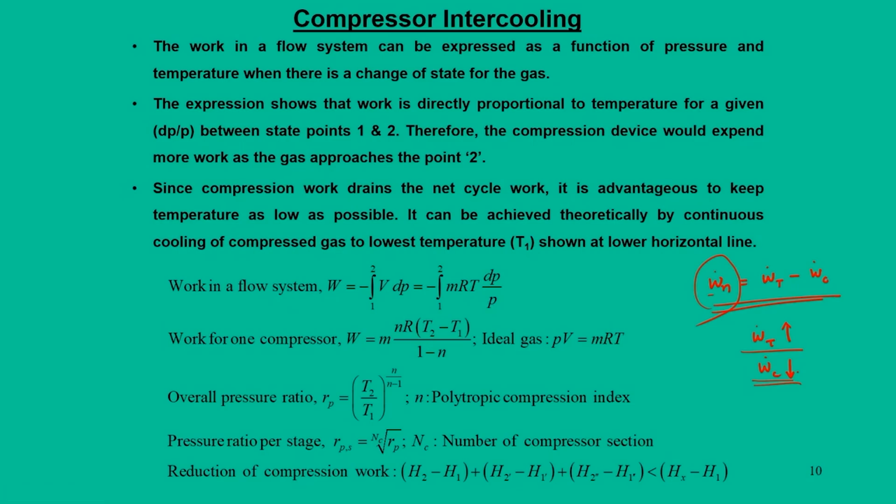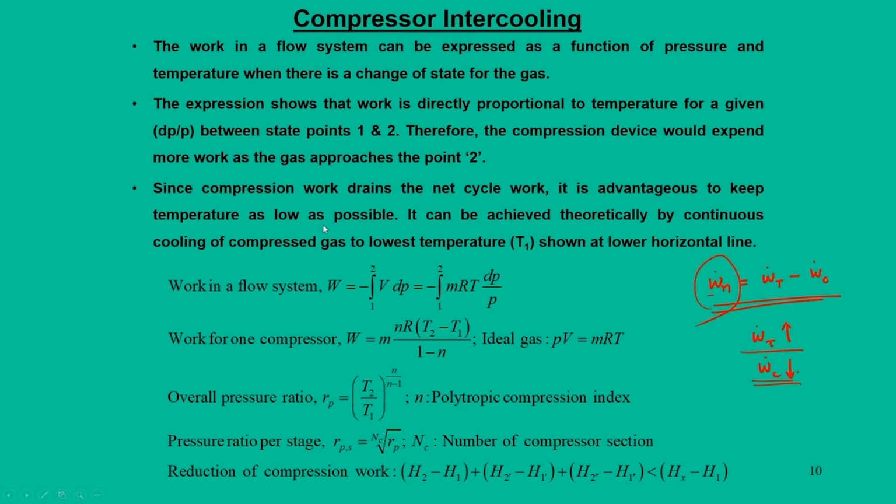One important point to observe here is that work in flow systems can be minimized if your temperature is also minimized. Typically the rest is a constant quantity, so if you do this compression at lower temperatures, we can reduce the compression work. That is the essential requirement we achieve technologically through intercooling.